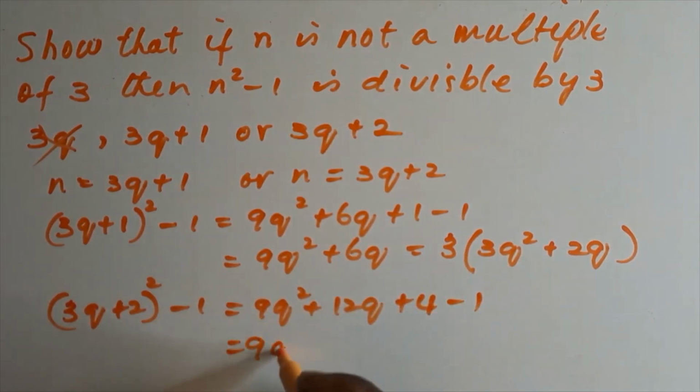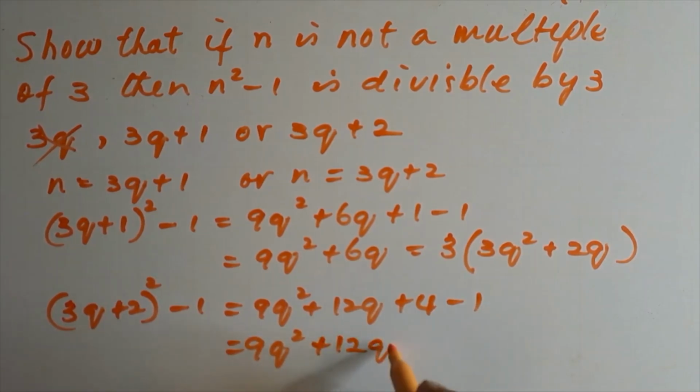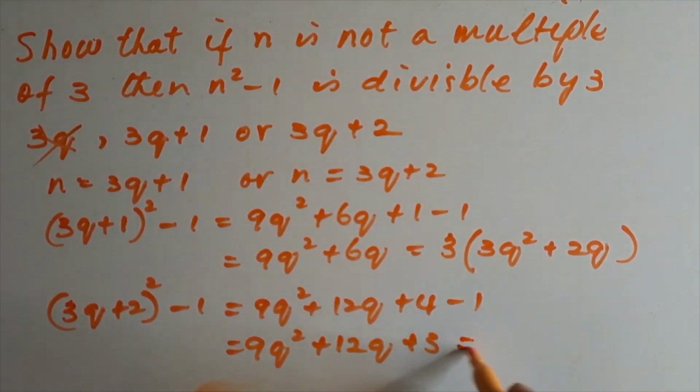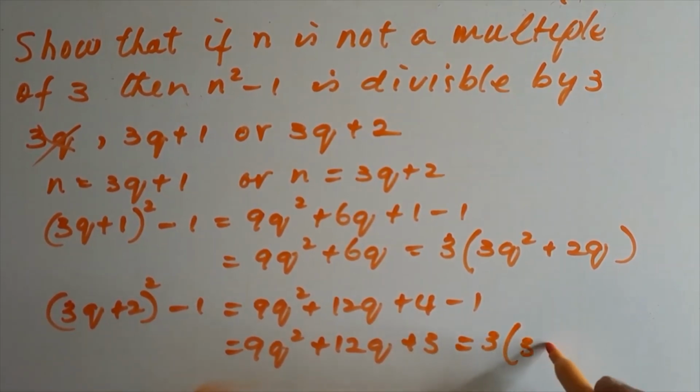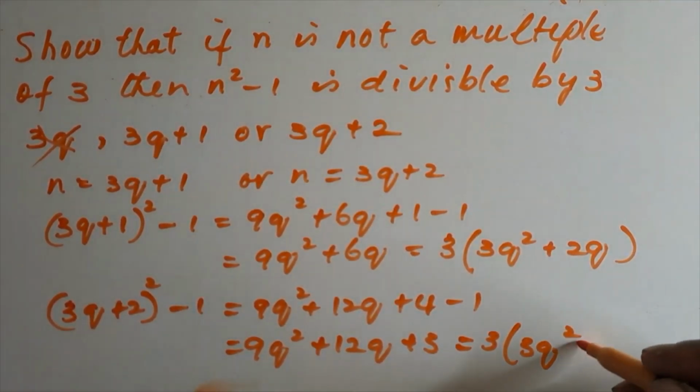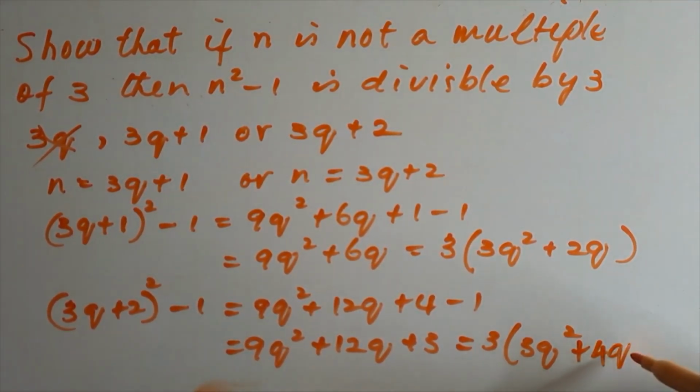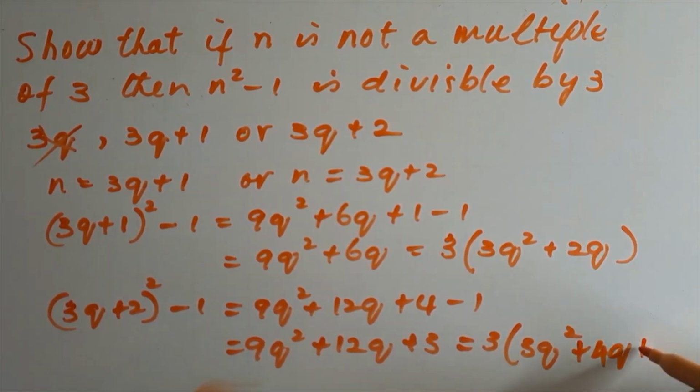It's 9q squared add 12q add 3. It's 3 into 3q squared add 4q add 1.